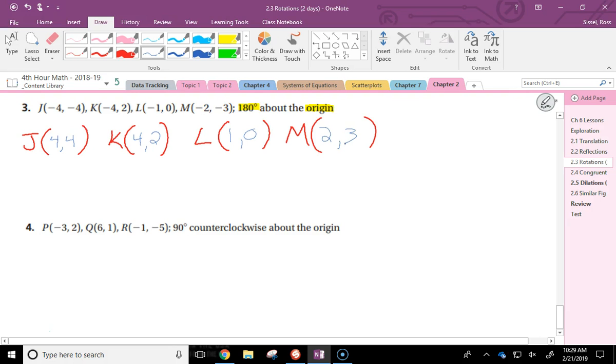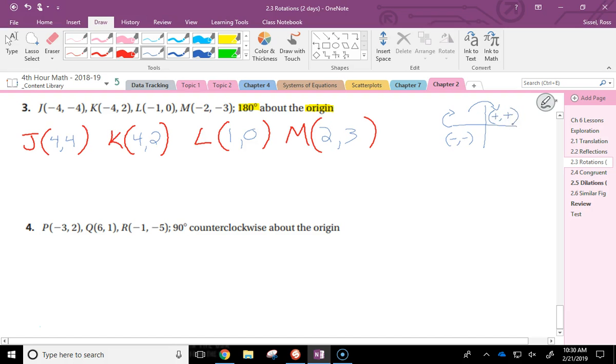The second thing we have to ask is what quadrant do we go into? If we look at this first one, it was -4, -4. So think about your quadrants. I was negative and negative. That means I was in this quadrant. If I do two turns, 1, 2, these are positive, positive.